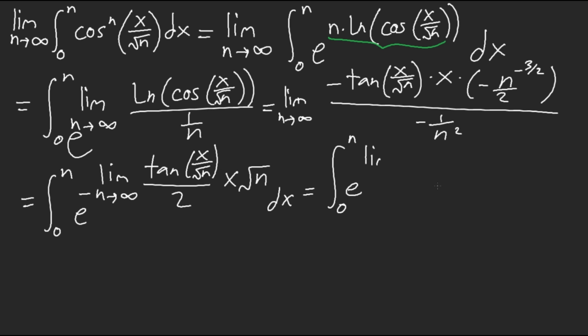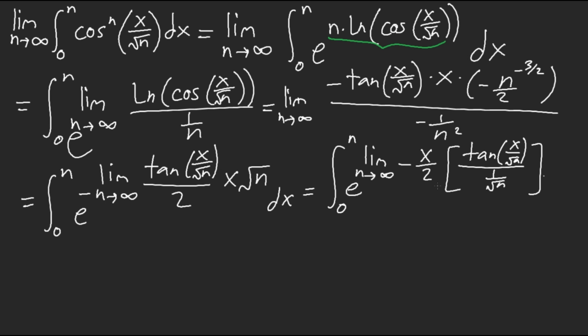E is the limit as n goes to infinity. Be careful not to drop the negative, x over 2. And what we have here is tangent of x over square root of n. We're going to go 1 over root n like this, because I know for a fact that we still have to do L'Hopital's, because we have infinity times 0.